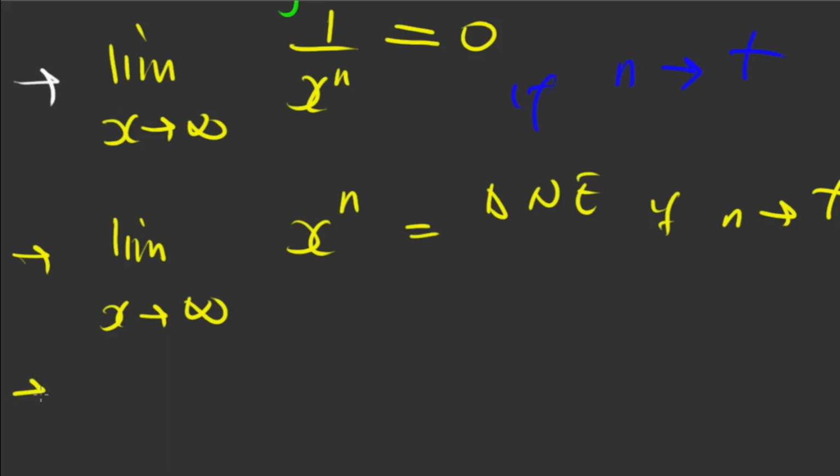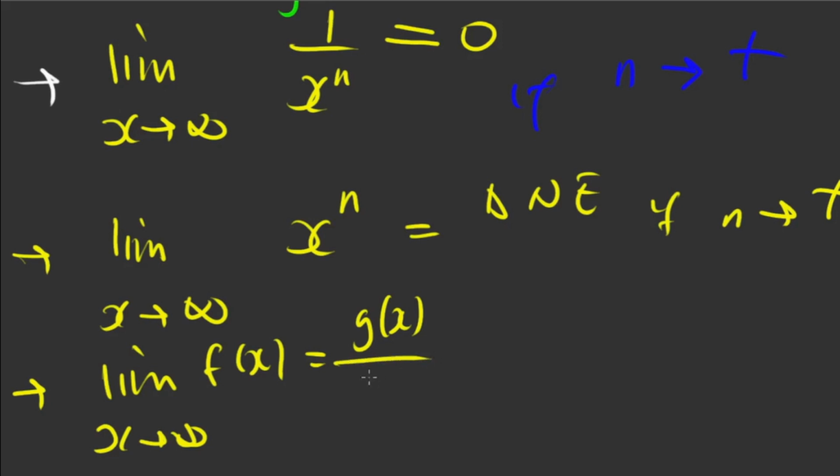And another point on infinity is the limit of f of x as x goes to infinity, and this f of x is a rational function, meaning it's like this.